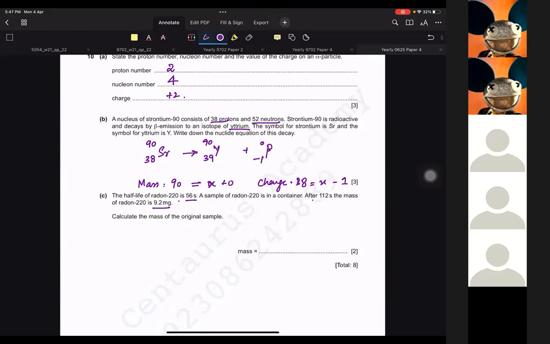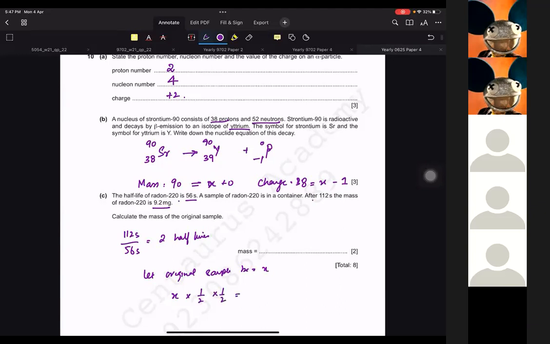So this is pretty simple, right? In 112 seconds, if I divide by 56 seconds, there will be 2 half-lives, right? Now let the original sample be X. So after 2 half-lives, it will be half and then half again.